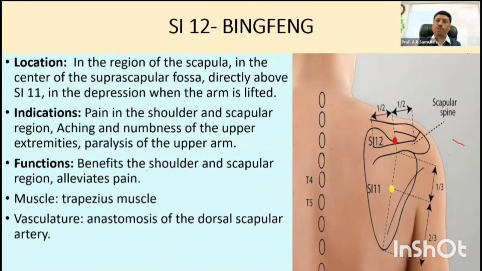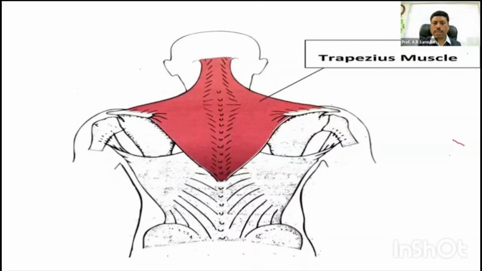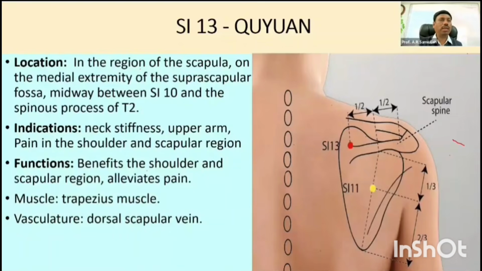This point is good for treating shoulder and scapular pain, and also the upper trapezius muscles. The trapezius has three parts: upper traps, middle traps, and lower traps. So this point is the upper traps. Trapezius muscle, the short name is traps muscle.